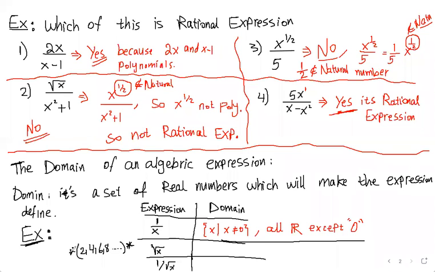If the root is even, the inside of the radical must be positive or 0. So I said last time, the domain will be x such that x is greater than or equal to 0. This means all the positive real numbers and 0 itself.